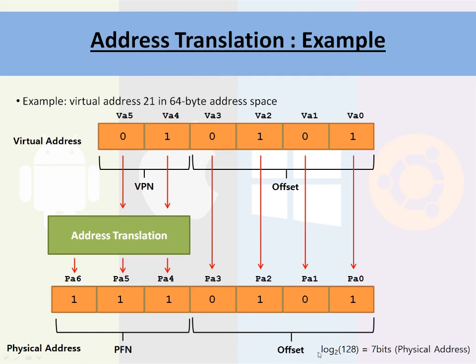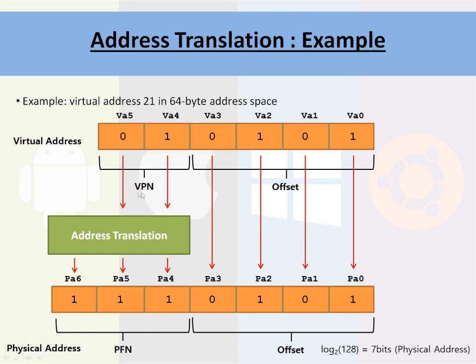We need to store 128 different address values. So what is the smallest bit string that can store that? Well, it's 7 bits. Once again, we just take log base 2 of 128, and that gives us 7 bits. So that means that our offset we know is 4 because it's just carried down. Our total length is 7. So 7 minus 4, we know that our page frame number must be 3.